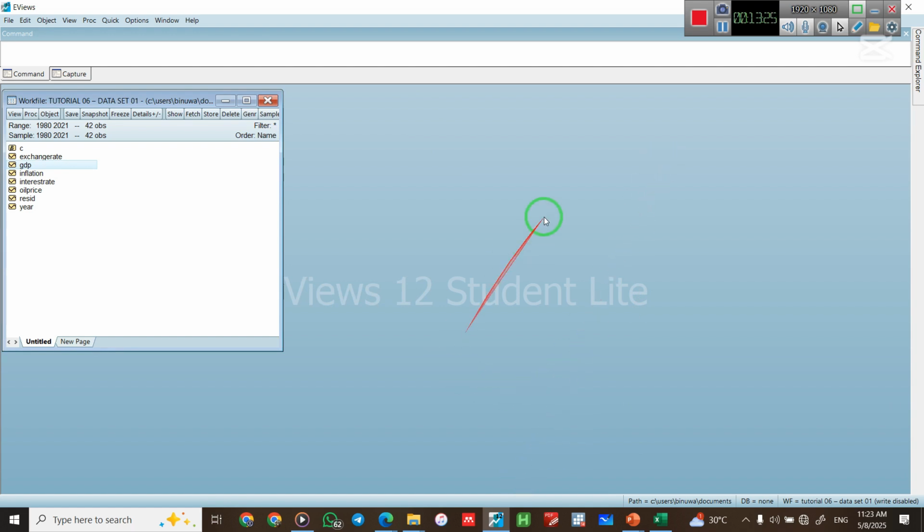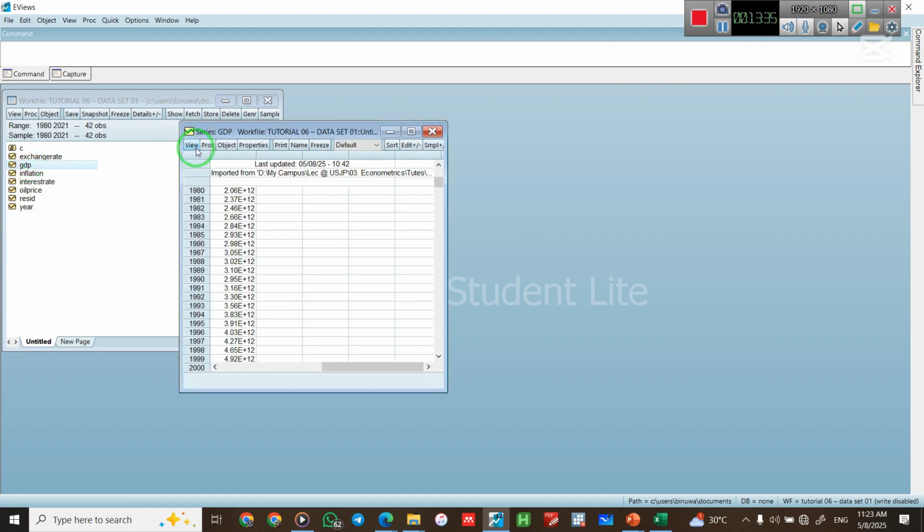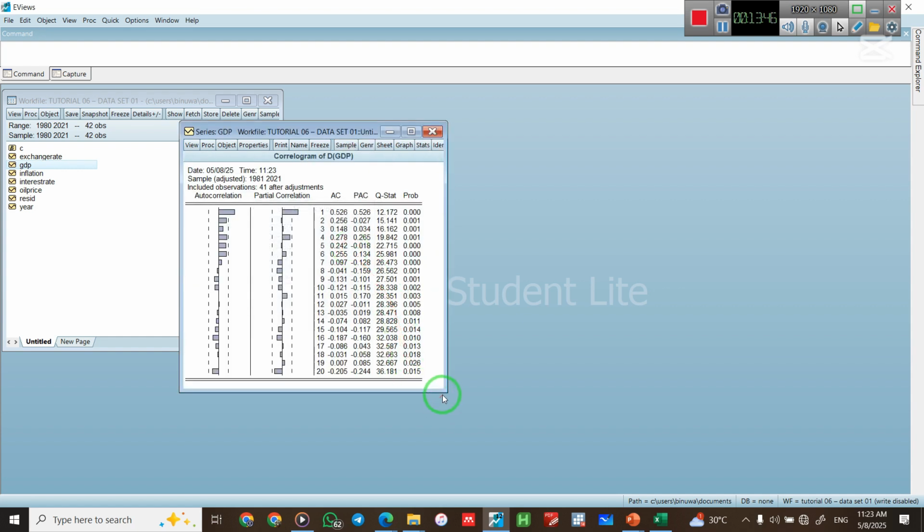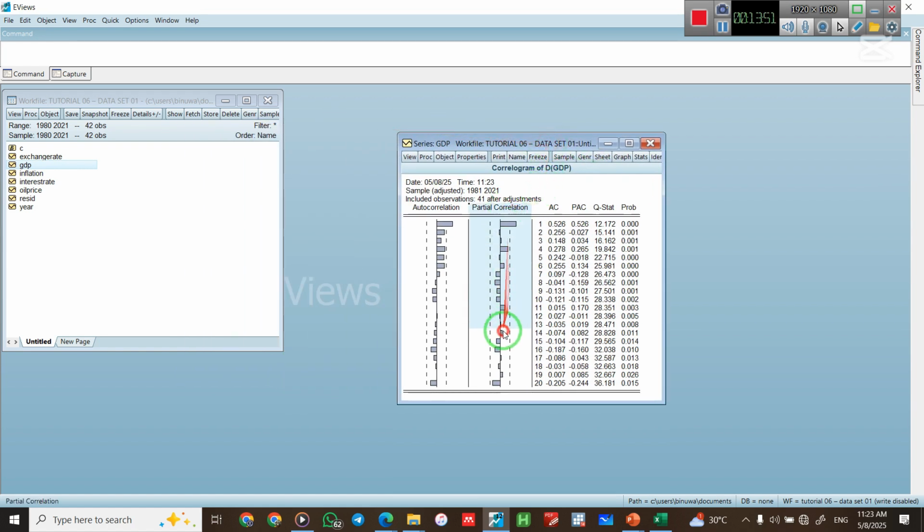To run the ARIMA model, you have to identify the number of AR terms and MA terms. To do that, double click on the GDP, then click View, Correlogram, and now we are running this at first difference because the GDP becomes stationary at first difference, then press OK. Okay, now here we can see that by using the partial correlation we are identifying the number of AR terms, and by using the autocorrelation we are identifying the number of MA terms, right?